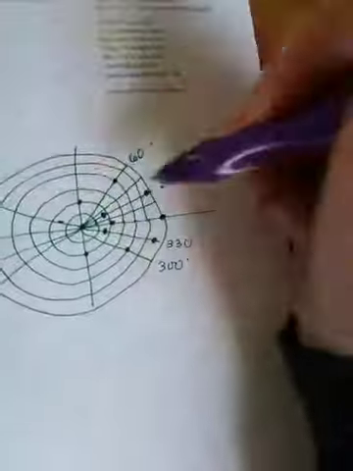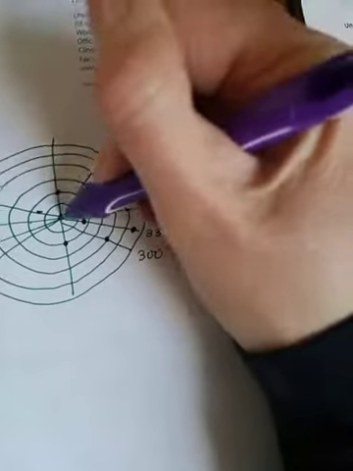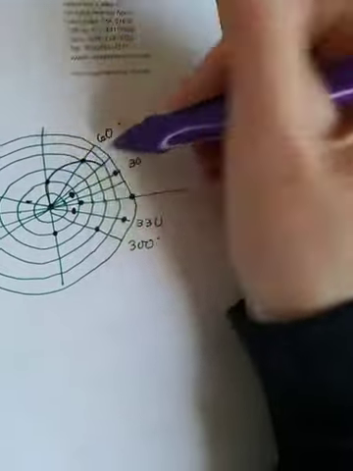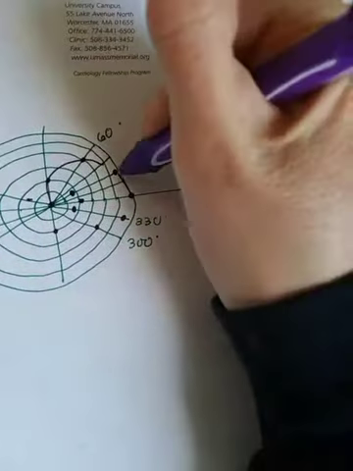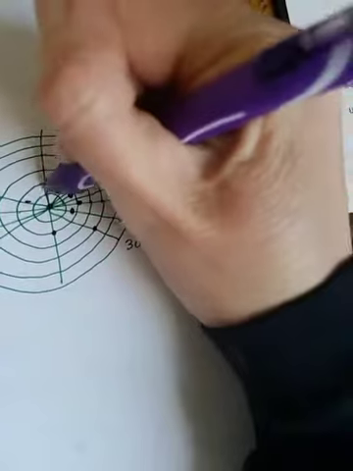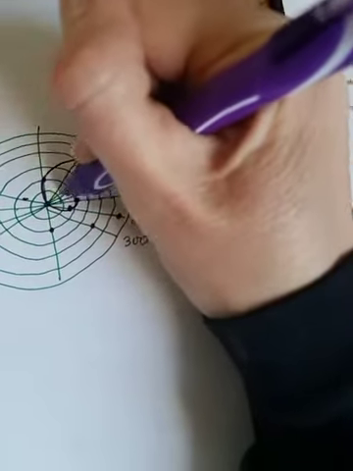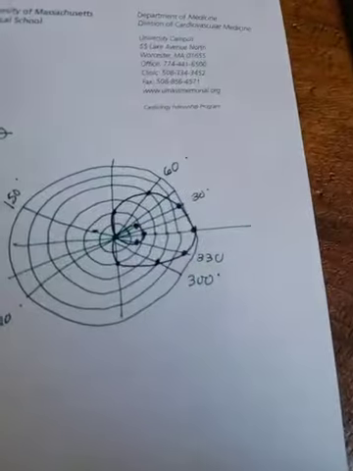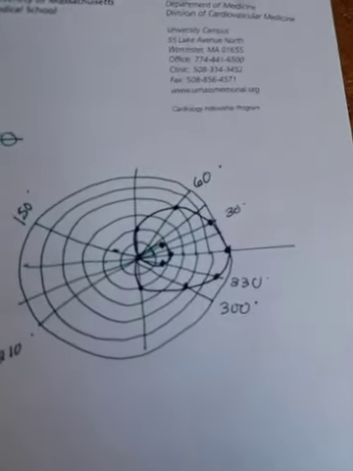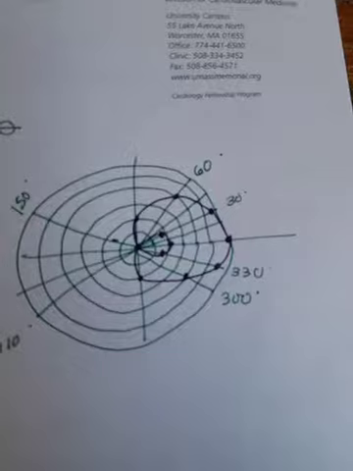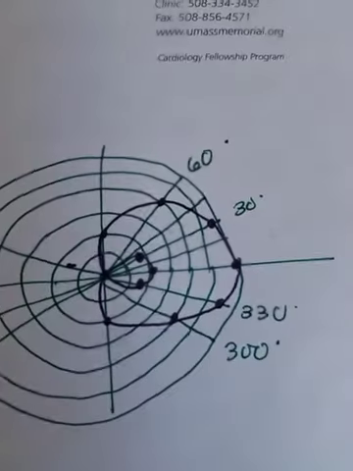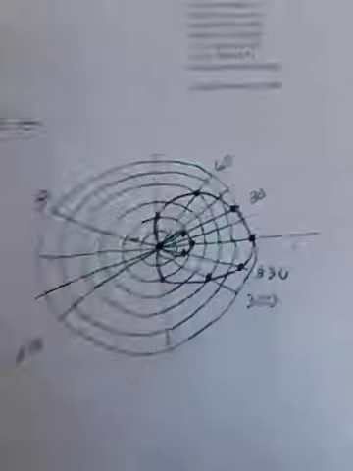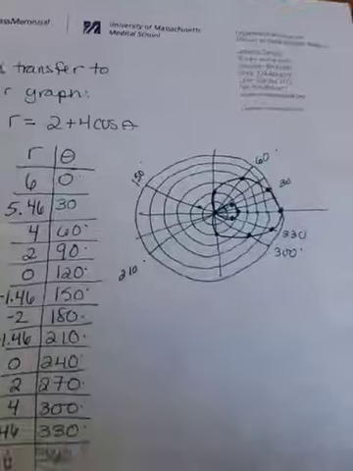But this is the shape of the polar graph. I should actually connect the points in order here. And what we will be looking for are just sketches. We're not going to need this many points for your graphs, just sketches. But so that there in the purple is what the graph of your polar equation looks like.